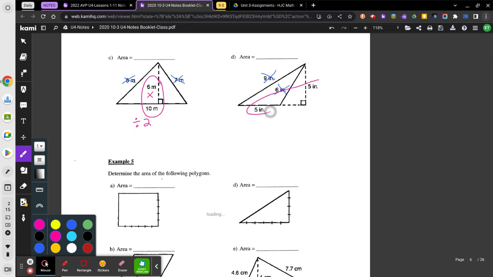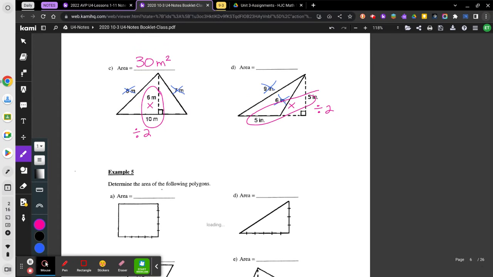On this one, 5 times 5, divide 2. And then I'm done. So 6 times 10 is 60, divide 2. That gives you 30 meters squared. On the right, letter D, 5 times 5 is 25. Cut it in half. We get 12.5 inches squared.